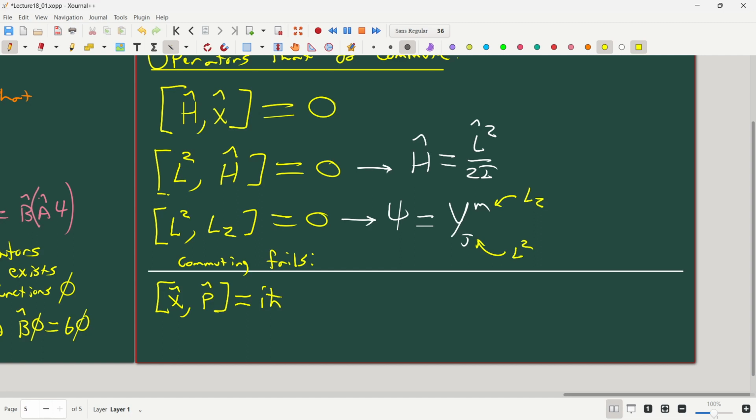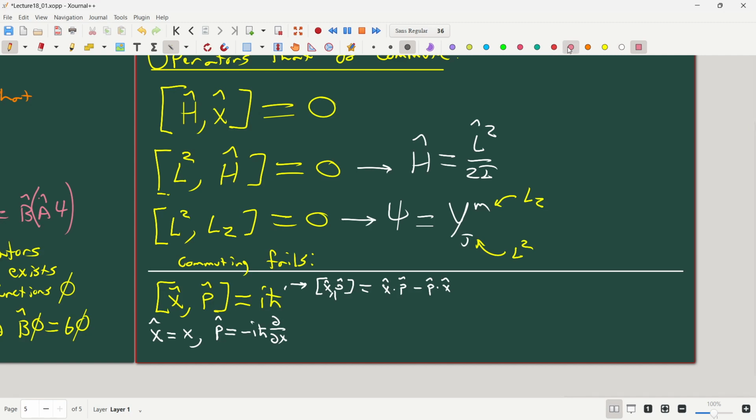Let me prove this to you. Really, really easy math. Remember that the operator for x, you have to go back a long time ago, is x. And we very rarely talk about momentum, but the momentum operator is minus i h bar times the derivative with respect to position. So let's derive this expression. The commutator [x, p] is going to be x hat times p hat minus p hat times x hat.